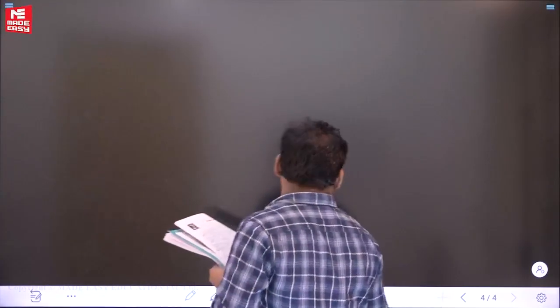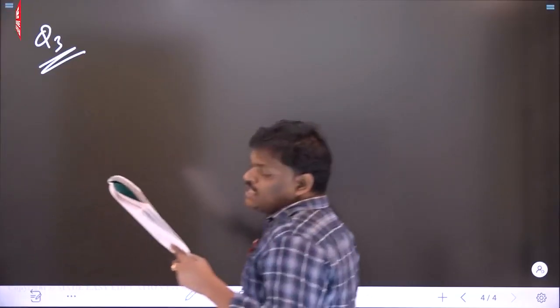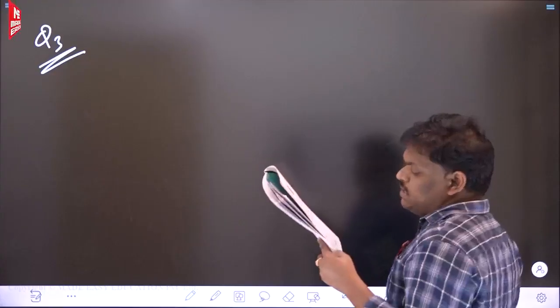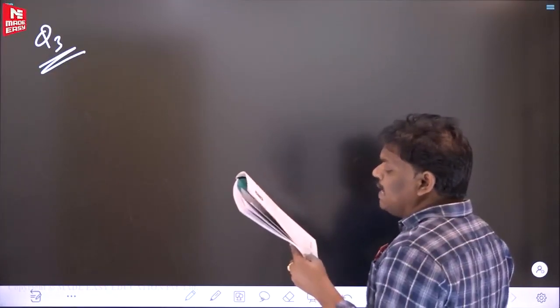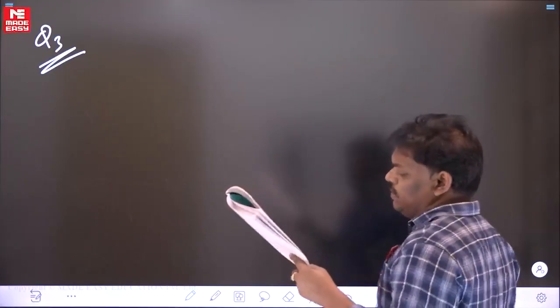What is the next one? Question number 3. There is a permutation a1 to an of n distinct integers. An inversion is a pair ai, aj such that i is less than j and ai is greater than aj. You know inversion very well.